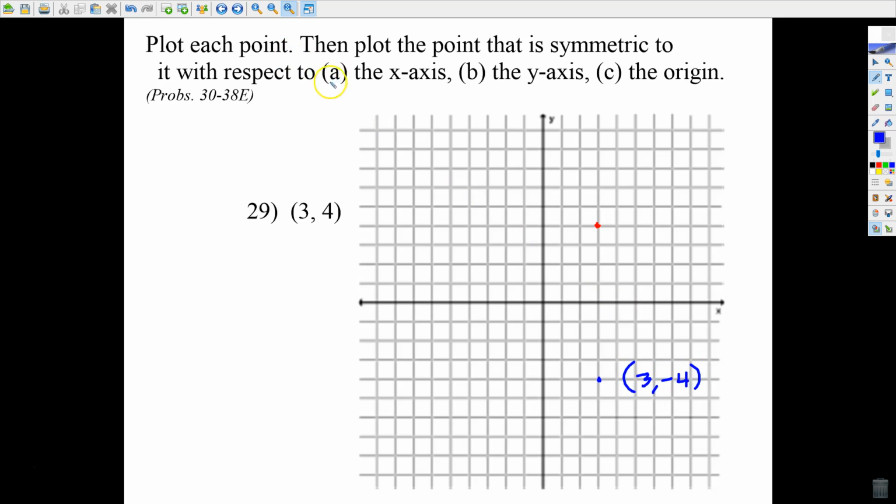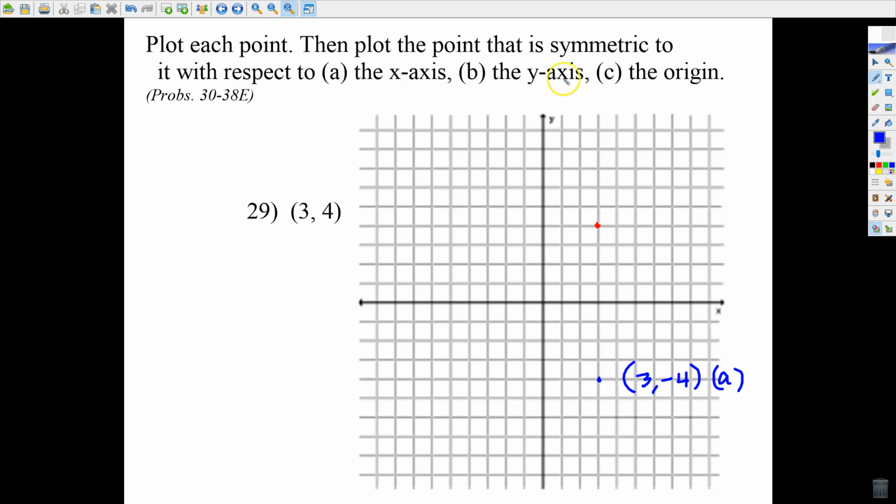And that's the answer to part A, so I'm going to put a little A beside that. So notice with symmetry with respect to the x-axis, I should be the same distance away on the same vertical line and the same distance away from the x-axis. I'm 4 units in the other direction with respect to the red dot.